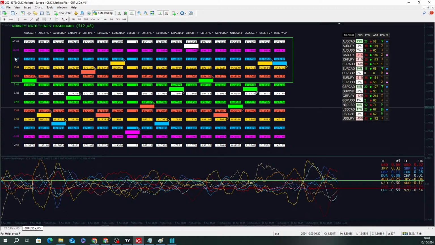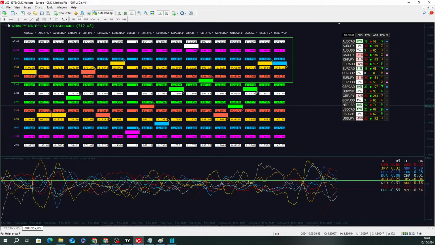Because the Morris principle states that any pair trading in the premium zone, the buyers or the sellers, will pay any amount of money to take it. In simple terms, that means any pair trading above the 5 of 8 is not in a consolidation phase. So we have the Aussie card, which is a bullish market, an up market.